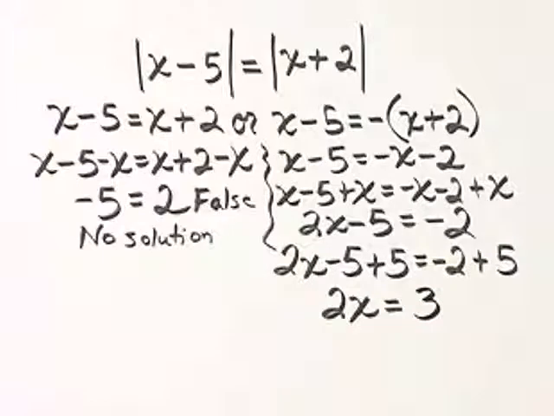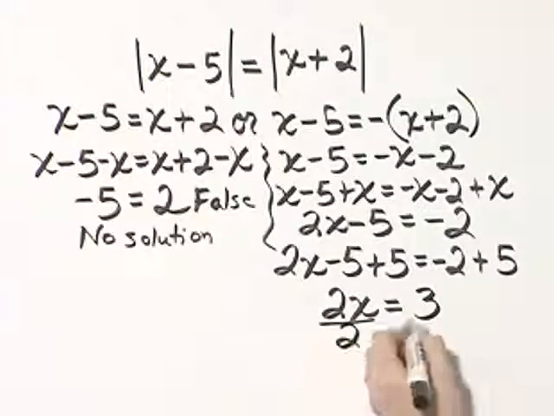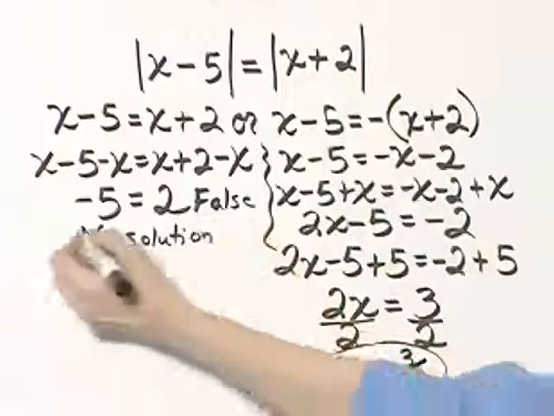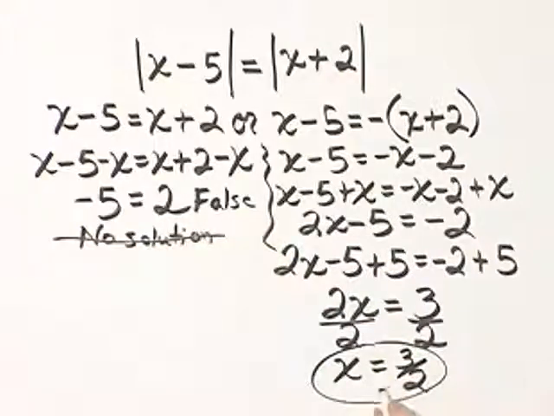How do I finish solving this equation for x? I will divide both sides by the coefficient of x, which is 2. And I'll have that x is equal to 3 halves. So this equation, our original equation, has a single solution, and it is 3 halves.